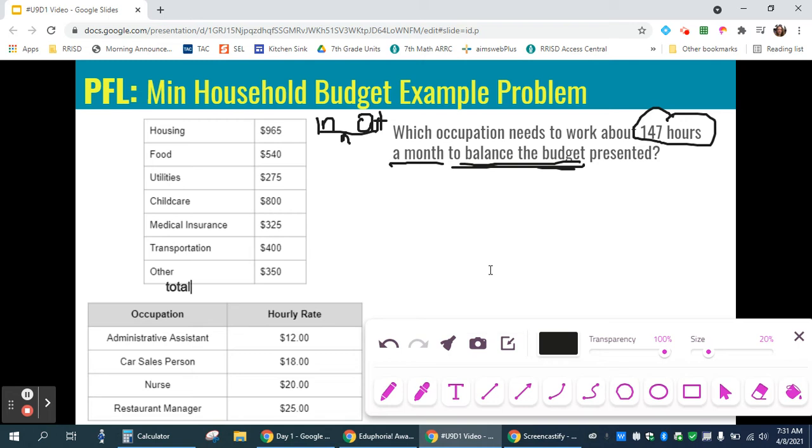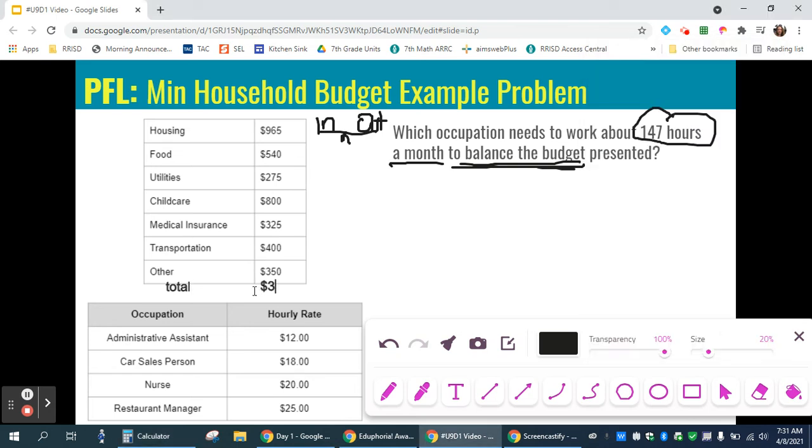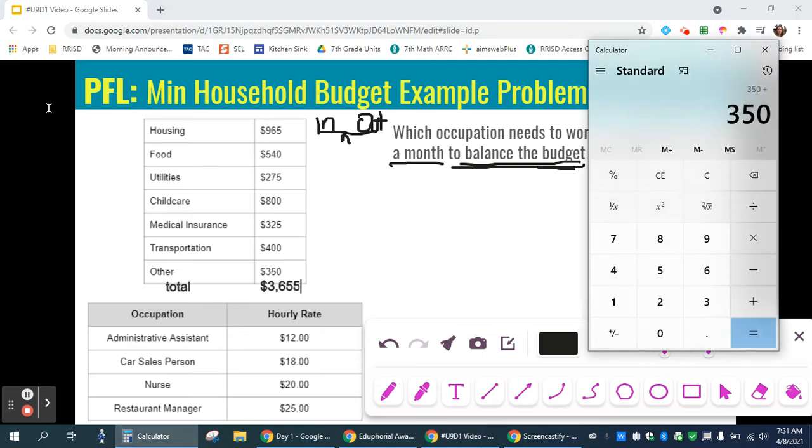So in order to figure out the total, we're just going to add all of them up. 965 plus 540 plus 275 plus 800 plus 325 plus 400, 350. $3,655. I'm just going to double check my work. 350 plus 400 plus 325 plus 800 plus 275, 540 plus 965.